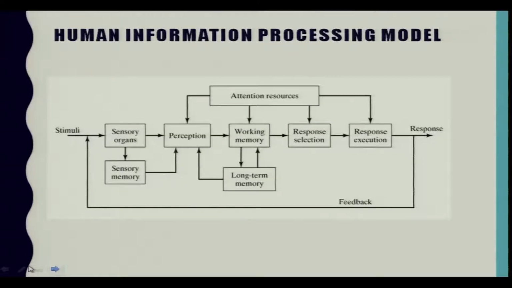So just to recall, this particular human information processing model, in which we discussed the sensory organs, sensory memory, perception, attention resources, working memory, long-term memory, response selection, response execution, and feedback.